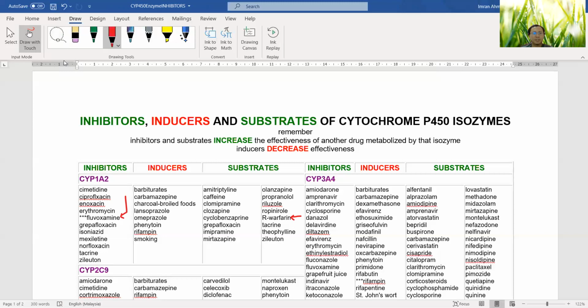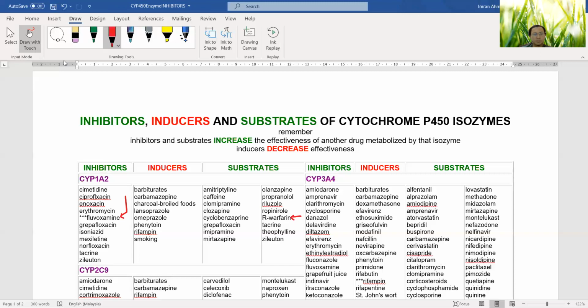Fluvoxamine is an antidepressant from the SSRI category, a selective serotonin reuptake inhibitor, commonly given. So what happens if we give Fluvoxamine to a patient who is on Warfarin?